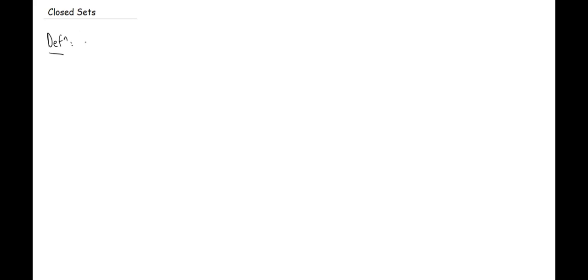points. So a boundary point of some subset S of the real numbers, so here we'll have some subset S, is a point X, so some real number. Okay, we're not claiming it's in S or not in S at all.